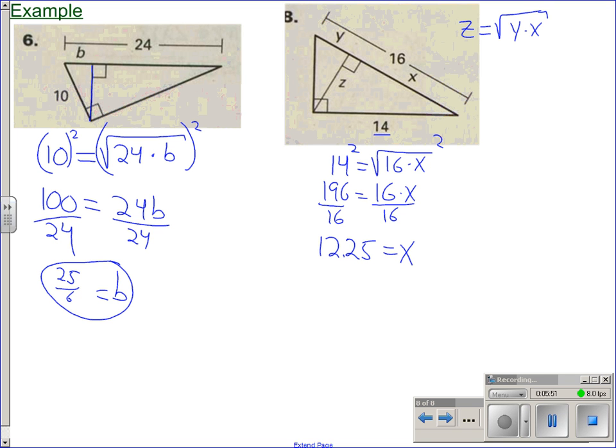Okay, so now, if x is 12.25 and the whole hypotenuse is 16, that means y equals 3.75. Just segment addition postulate. So now, we got x and y, now we're missing z.